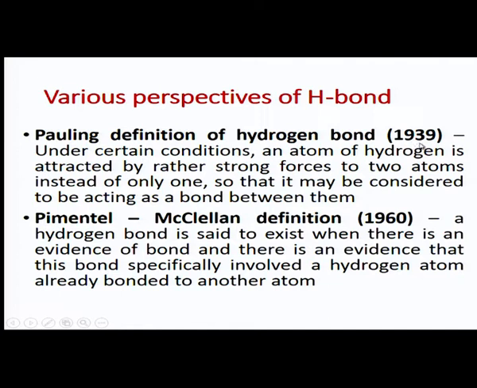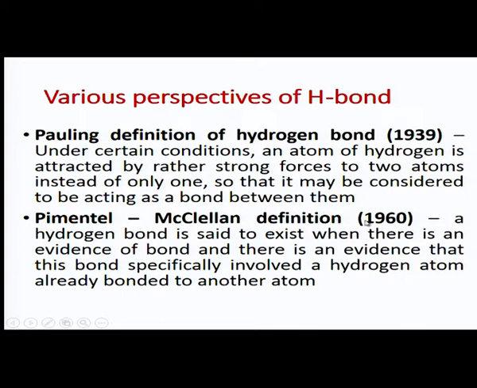Pauling in the year 1939 mentioned that under certain conditions an atom of hydrogen is attracted by rather strong forces to two atoms instead of only one, so that it may be considered to be acting as a bond between these two atoms.